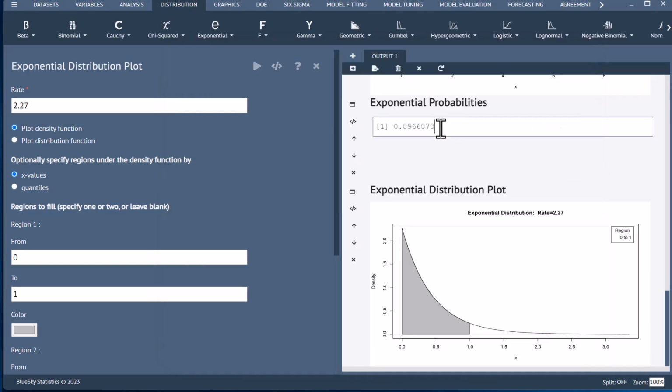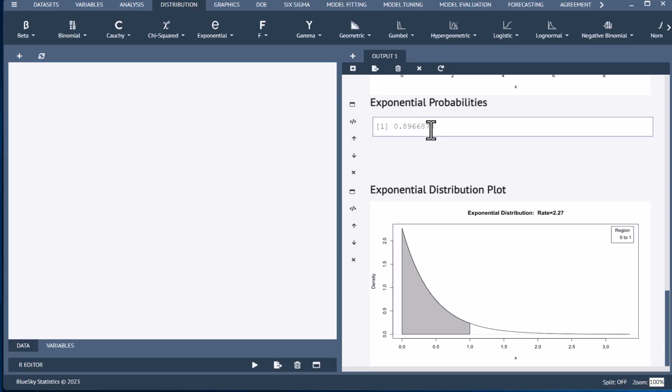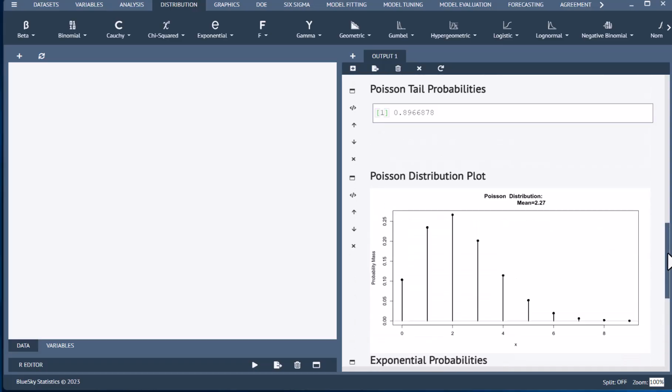Now, I'm going to let you in on a little secret. The exponential distribution is normally used when you're interested in probabilities on a continuous scale, but it's very closely related to the Poisson distribution.